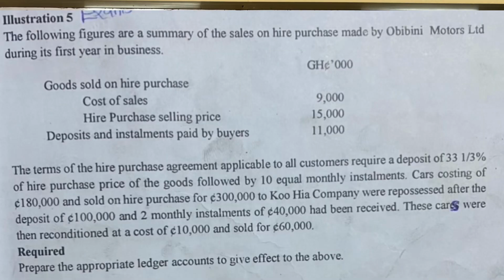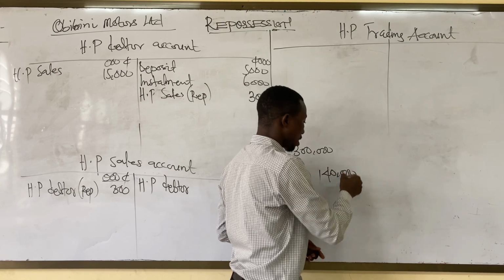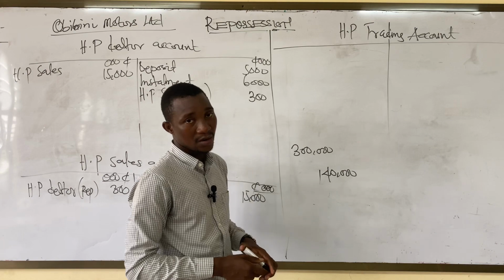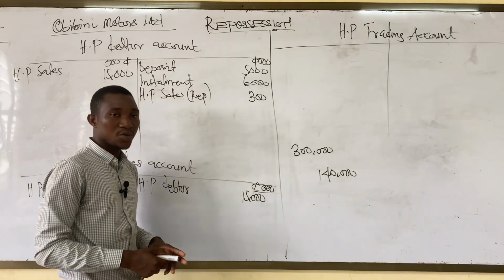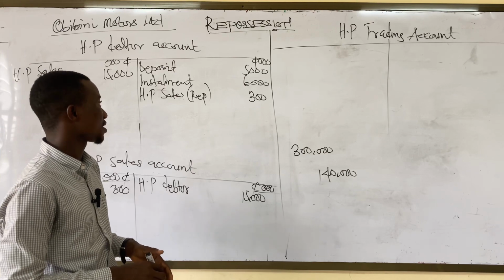Okay, remember that they say there is a deposit of 100,000 and two monthly installments of 40,000 has been received because of the repossession, that is 140,000. The 100,000 and the 40,000 add up to become 140,000. Okay, this was a deposit and installment that has been already received in relation to the repossessed goods.